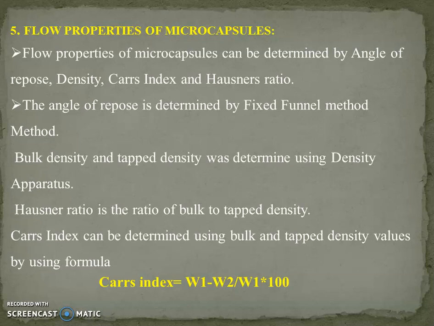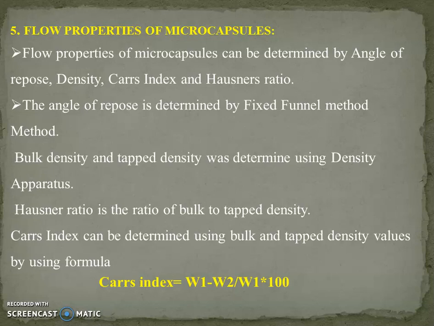The angle of repose can be determined by the fixed funnel method. Bulk density and tap density are determined using the density apparatus. Hausner ratio is the ratio of tap density to bulk density.